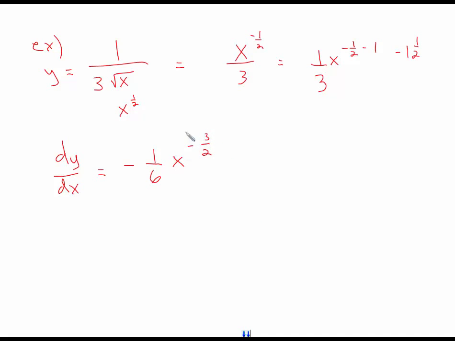And if you want to write it without negative exponents, that's going to make it negative 1 over 6 x to the 3/2 power. You can leave it like this or change it to radicals, really up to you.